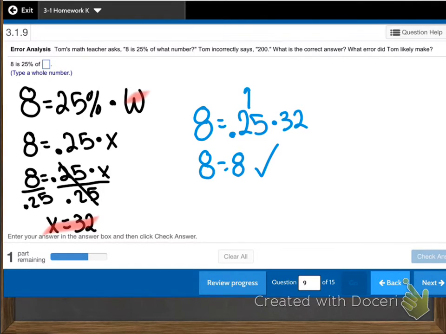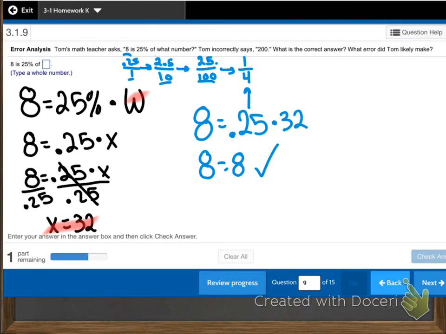I know 0.25 is 1 over 4, which I could get from going 0.25 is 25 over 100, which is the exact same thing as 2.5 over 10, which is the exact same thing as 0.25 over 1. So notice every time my denominator gets bigger by a 0, by a factor of 10, my decimal point moves one over each time, because there's the decimal point right there.